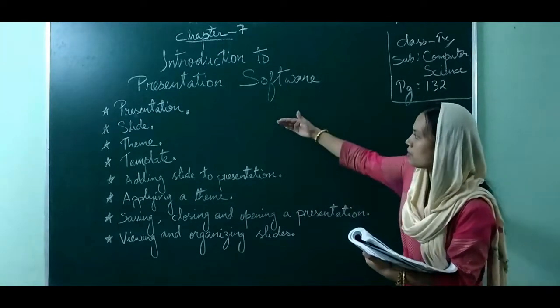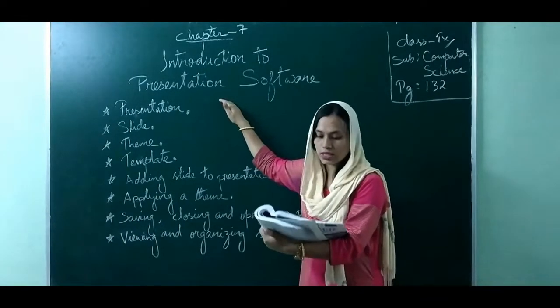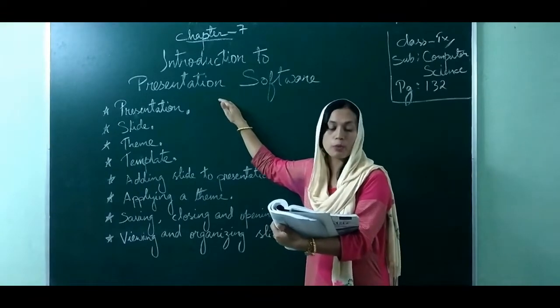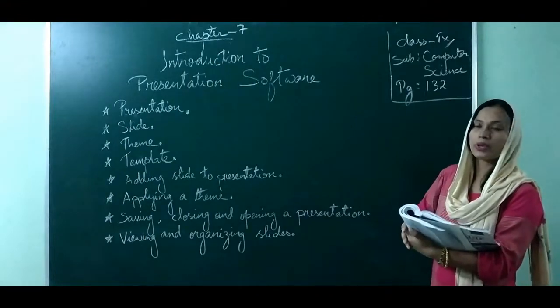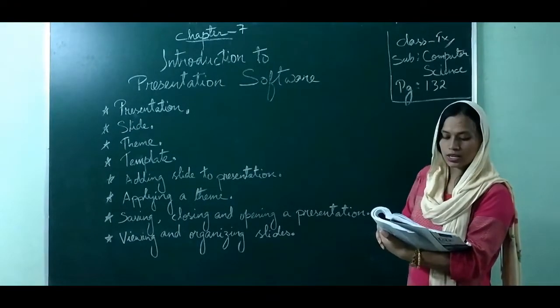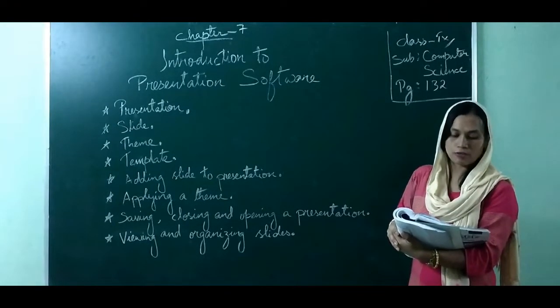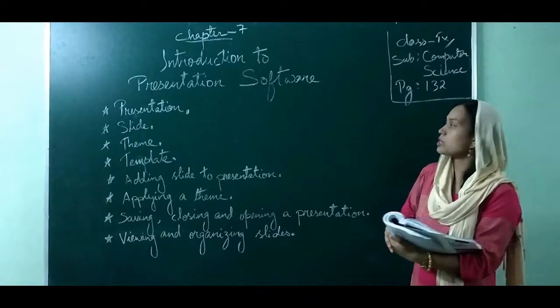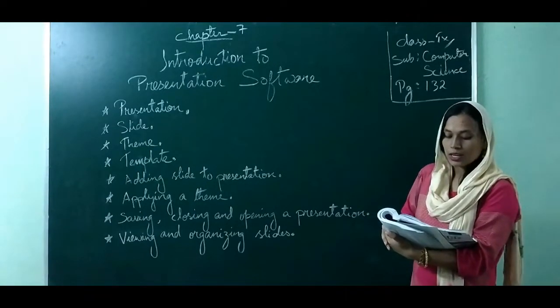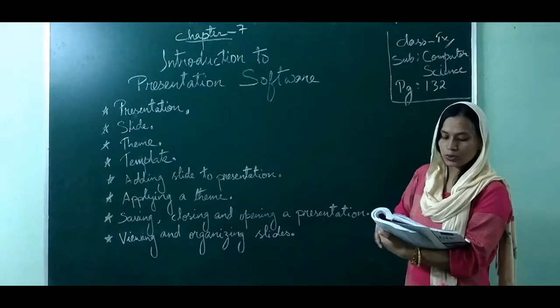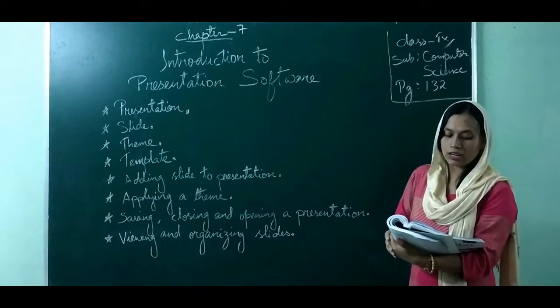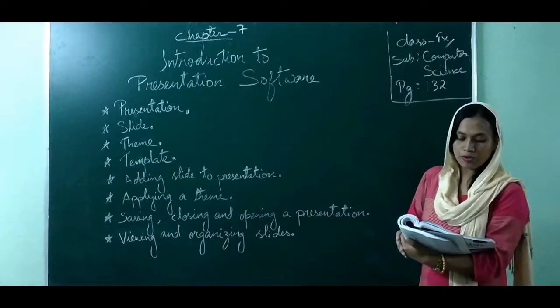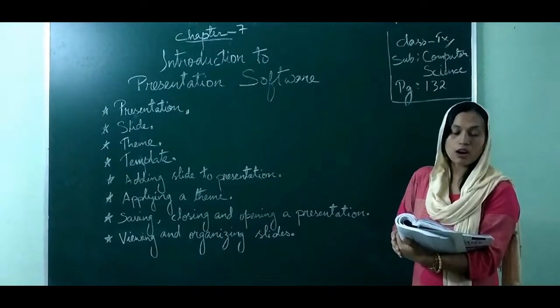You can take any topic. On that topic you can make a presentation in a systematic way by displaying the information on that topic. In this presentation you can include text, then graphic, means pictures, movies, sound or graph also.